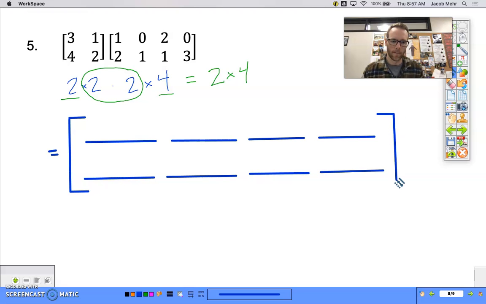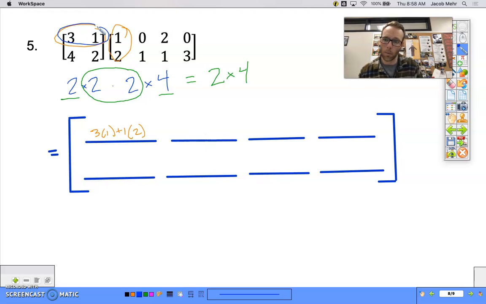All right. So let's work through this. Top left, top row, left column: 3 times 1 plus 1 times 2. Okay, so what do I want to call this? It's top row, but this would be the second column.